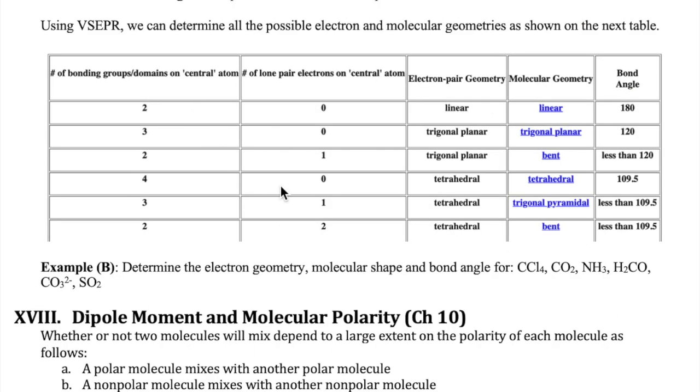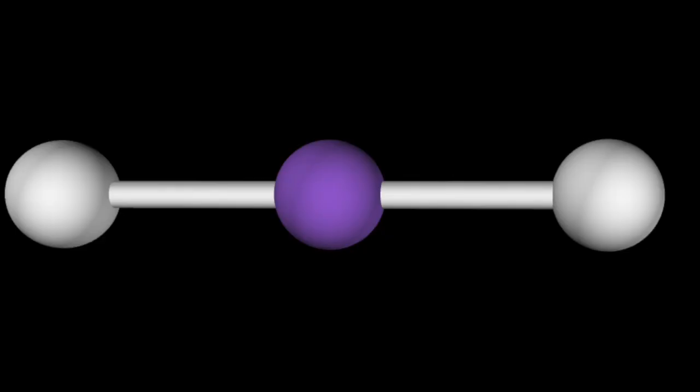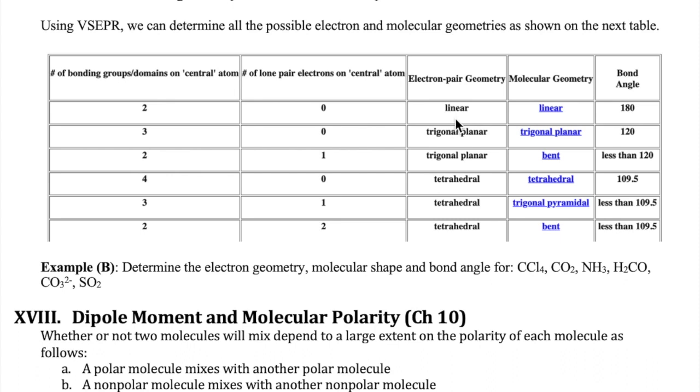This table gives the list of structures that you need to know for VSEPR. So we had gone through the simulation where we showed 2 pairs of electrons, and with 2 pairs of electrons all you can have are bonding pairs. So with 2 pairs of electrons, the electron pair geometry is going to be linear. The molecular geometry is going to be exactly the same, so that's also going to be linear, and the bond angle is going to be 180 degrees.